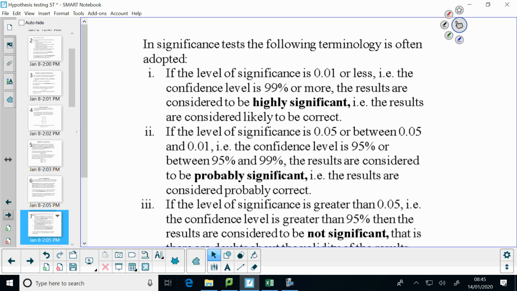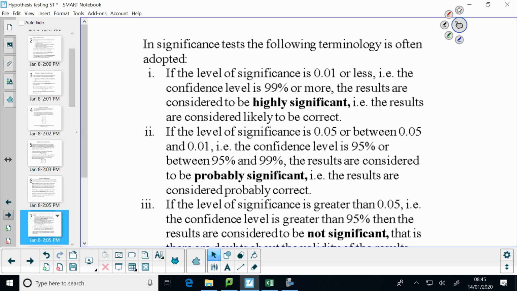In significance tests, the following terminology is often adopted. If the level of significance is 0.01 or less, i.e. the confidence level, the other side of it, is 99% or more, results are considered highly significant, i.e. the results are considered likely to be correct. If the level of significance is between 0.05 and 0.01, the confidence level is between 95 and 99%.